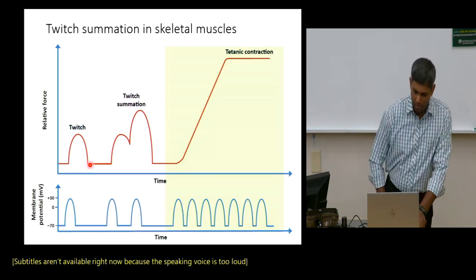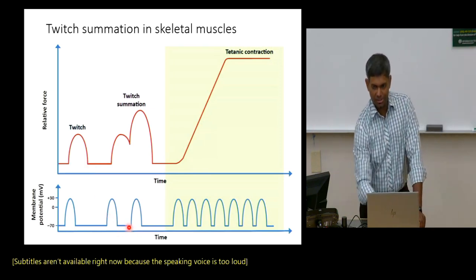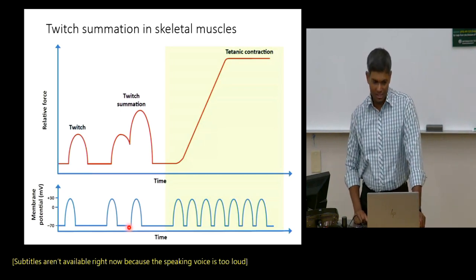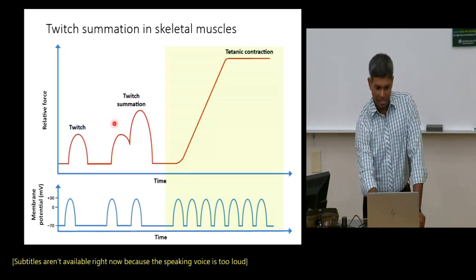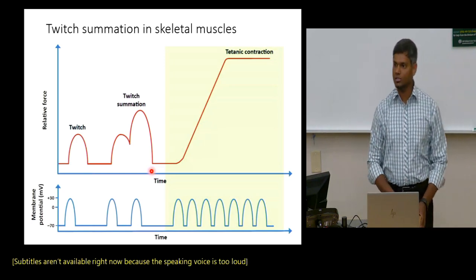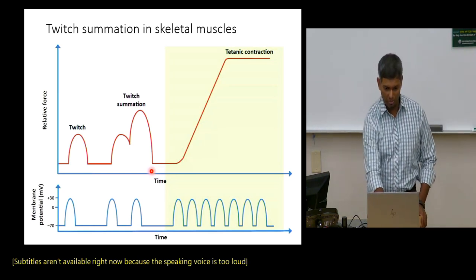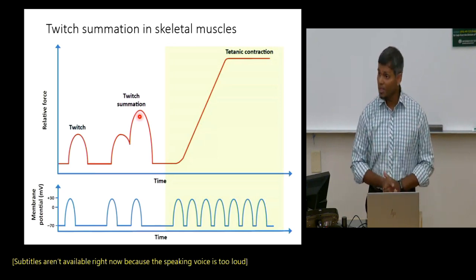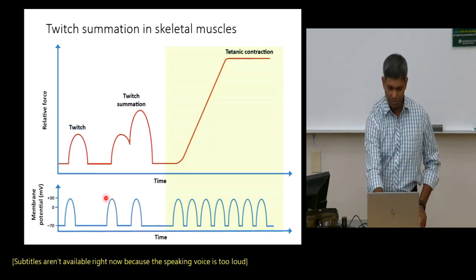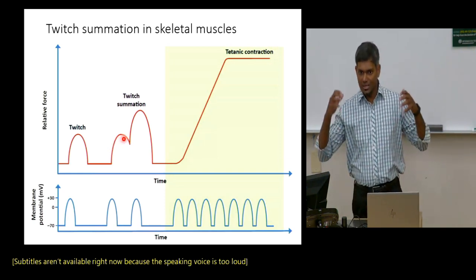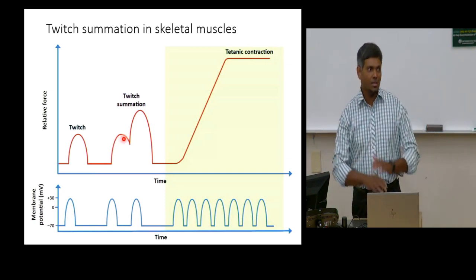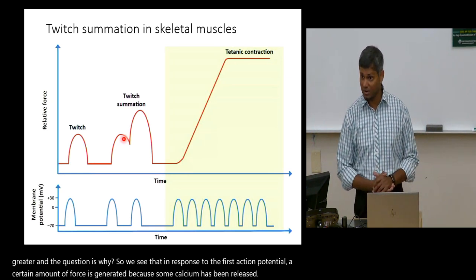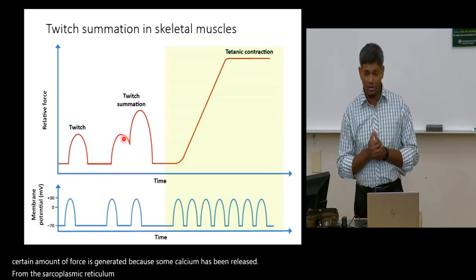Okay. Now we find that when two action potentials come in rapid succession, there is this concept known as twitch summation, where the amount of force generated is going to be much greater. Right? And the question is why? In response to the first action potential, a certain amount of force is generated because some calcium has been released from the sarcoplasmic reticulum, and there is actin-myosin interaction.